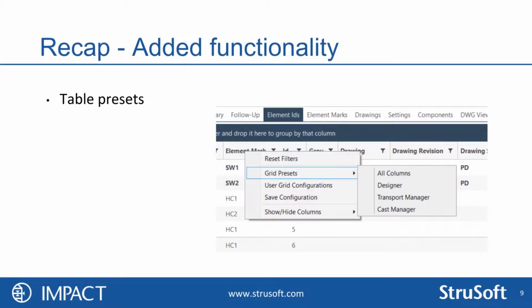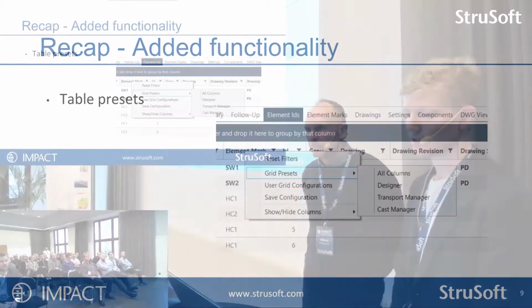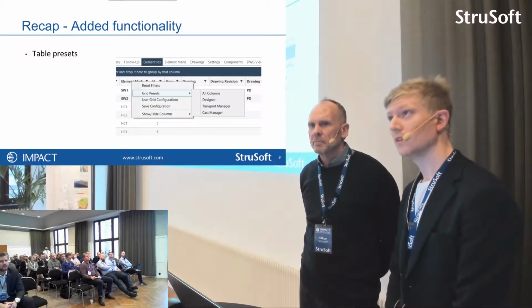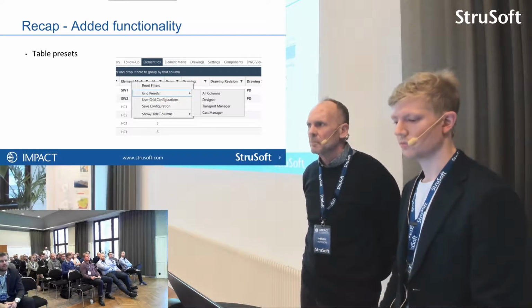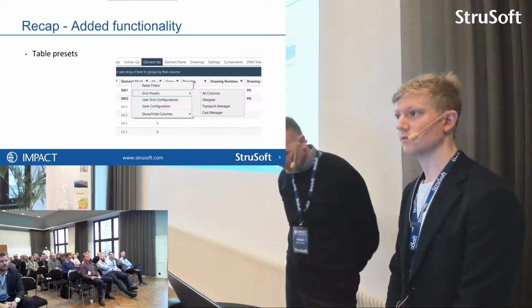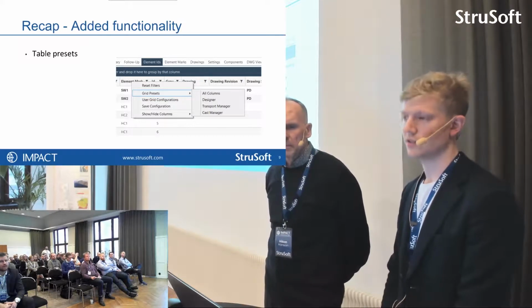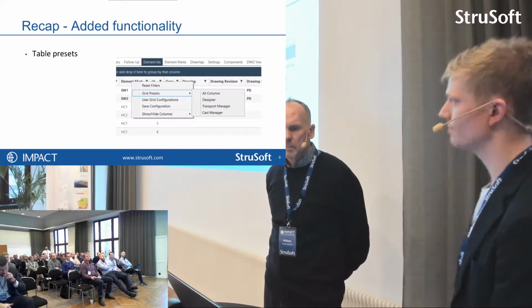They're called Designer, Transport Manager, and Cost Manager. The idea is for you to use them as a base for your own customization, which you then can save. And they are tied to the user, so no matter which computer you're working with, you can access these configurations as long as you log in as the same user that made the configuration.